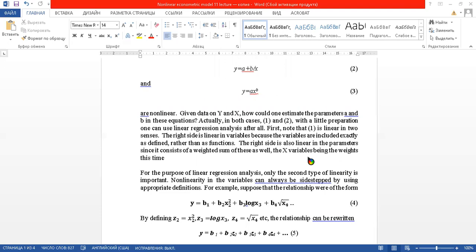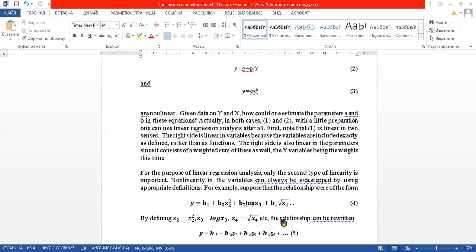First, note that the equation is linear in two senses. The right side is linear in variables because the variables are included exactly as they are defined, rather than as a function. The right side is also linear in the parameters since it consists of the weighted sum of the x variables.